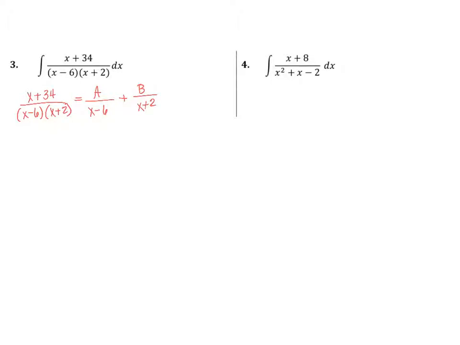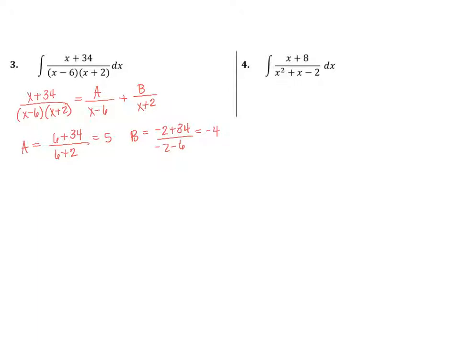To solve for a, we're substituting in a 6 plus 34 over 6 plus 2. And so that looks like that's going to be a 5. For b, we're plugging in a negative 2 plus 34 over negative 2 minus 6. And so that looks like that's going to be 32 over negative 8, so negative 4.